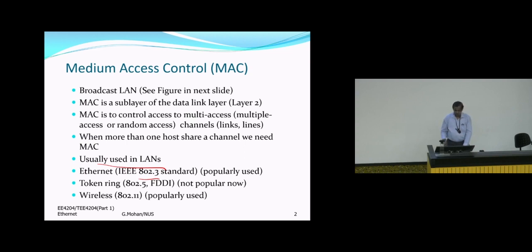Anyway, slowly you'll understand that. Token ring, as I was mentioning earlier, was promoted by IBM and was a tough competitor once, but it is no longer popular. There are no new developments, and I don't think there are any active deployments. Wireless, yes, is popular. You'll be looking at wireless networks, Wi-Fi, and wireless LAN next week, right?